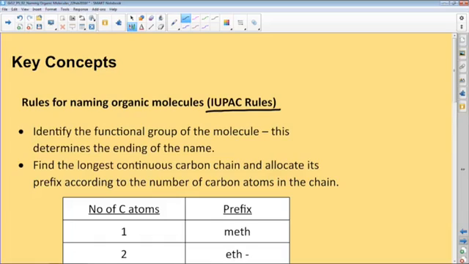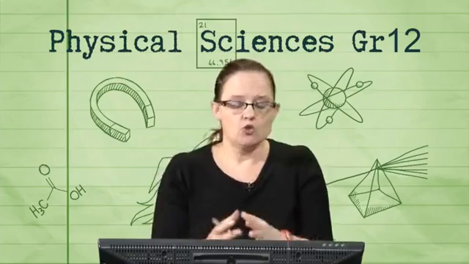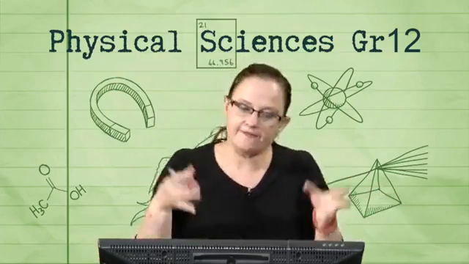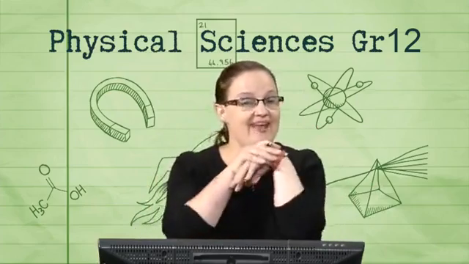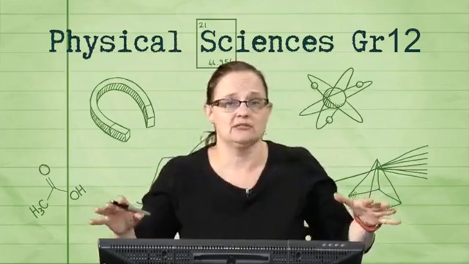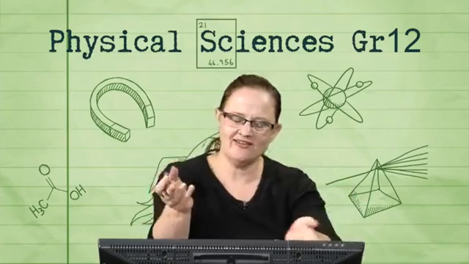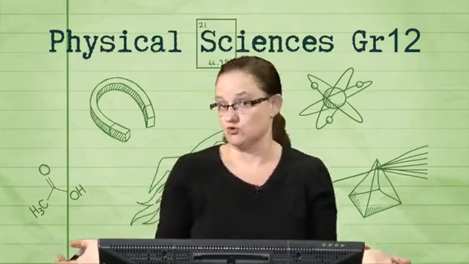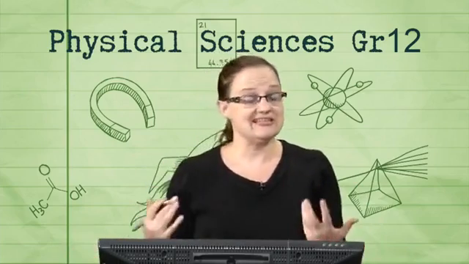This is an international system, grade 12s. You don't have a choice. You can't go, well, today I want to do it this way, today I want to do it that way. You have to do it this way, okay? And there is no leeway on this. There's no, well, you sort of got it half right, it's sort of semi-spelled right. It's right or it's wrong, okay? Because this is an international system.